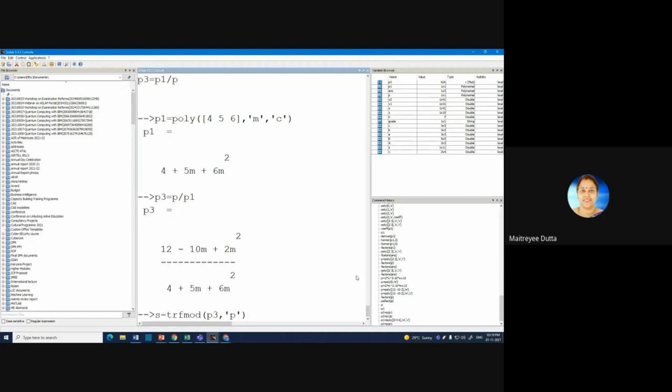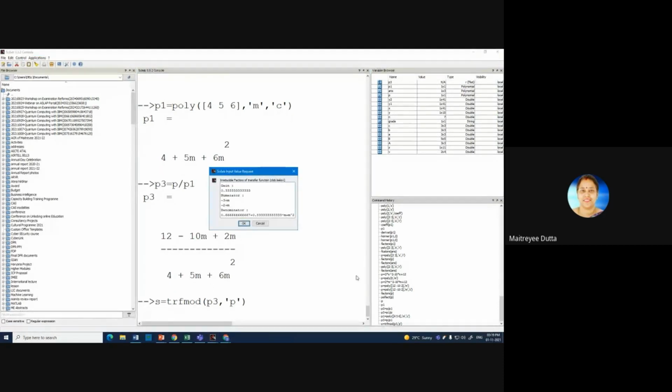If you write that you want to see the poles, then it gives the gain, that means the multiplying factor, and the numerator is m-3 and m-2, so from here you will get the zeros. The denominator it is not able to differentiate, so it gives it as it is. So in the denominator it is unable to give you the pole values, right?